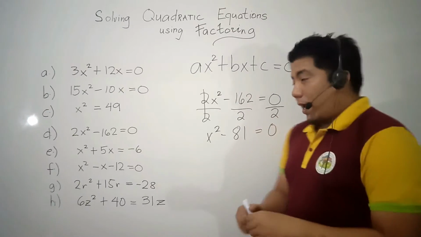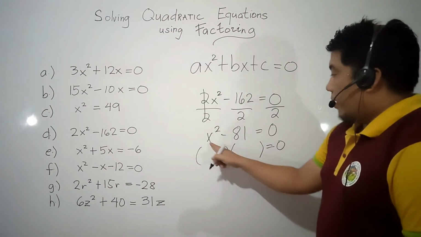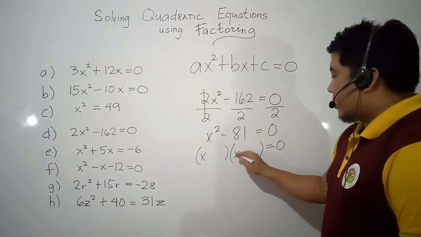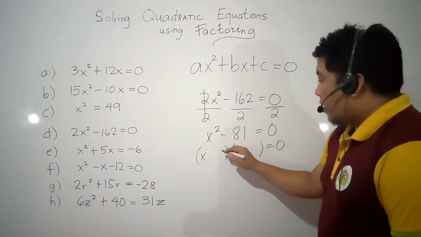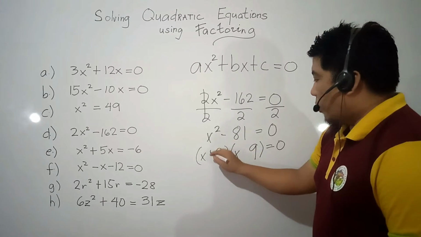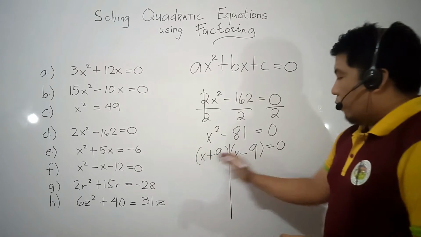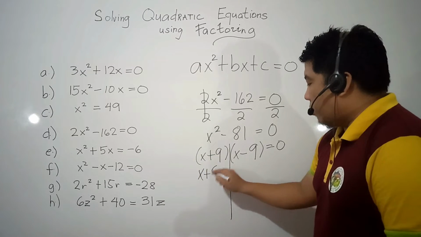So, we can apply our factors. Those are two quantities equal to 0. Then factor x squared, we have x and x. Factors of 81 are 9 and 9. Then since this is minus, we can use positive and negative. So therefore, we just separate the two factors, equating them to 0.